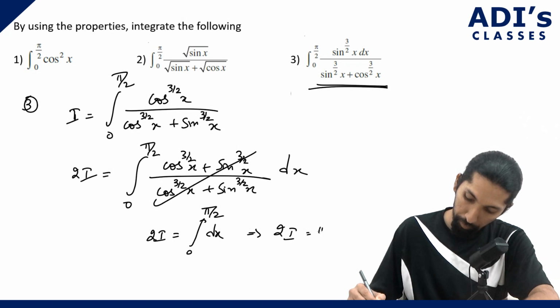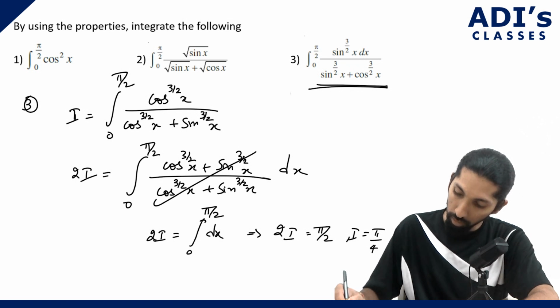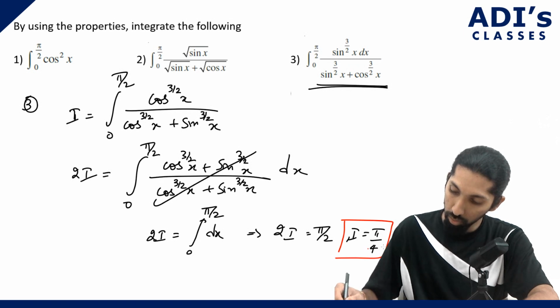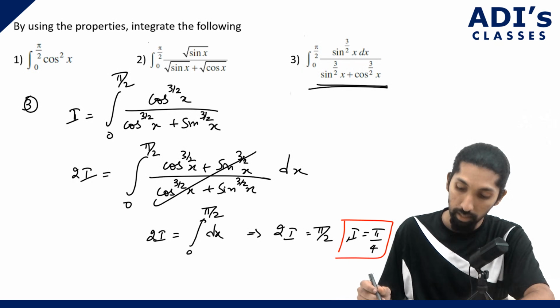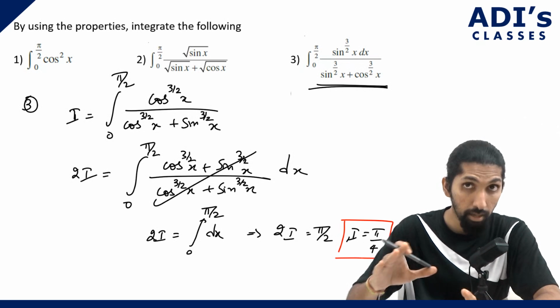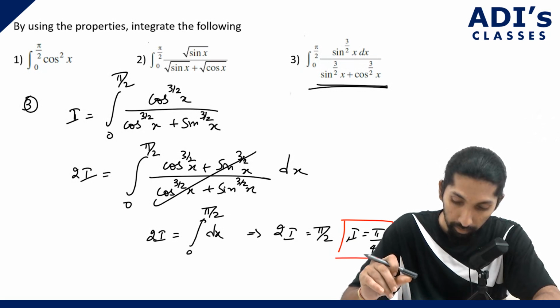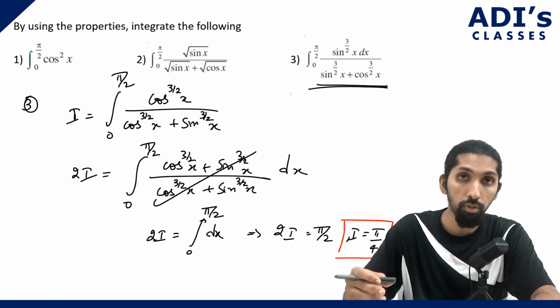So 2I is pi by 2. So I is equal to pi by 4. Just like the last two questions you had, this is also the same type of question. Not the same question, same type of question. Clear? So now let's move on to the fourth one.